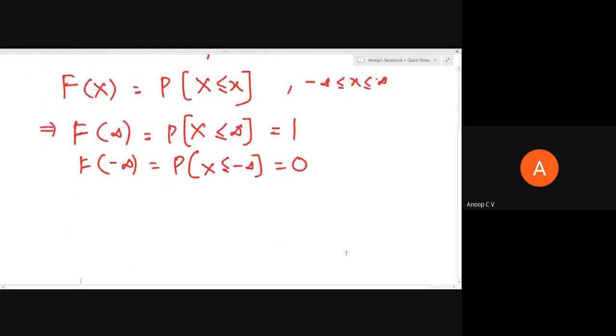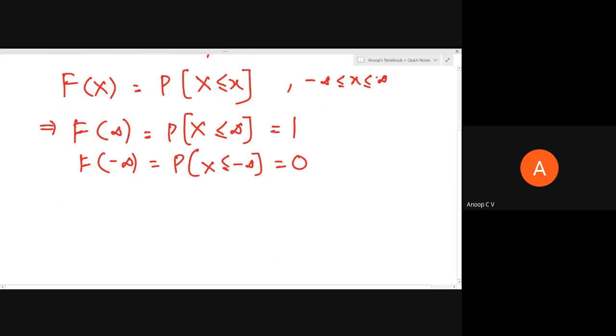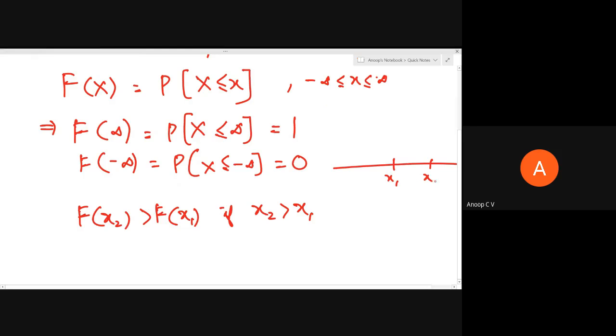Further, we can say that F of x2 will be greater than F of x1 if x2 is greater than x1. Of course, if you're considering two sample values x1 and x2, and x2 is greater than x1, F of x2 will be greater than F of x1.